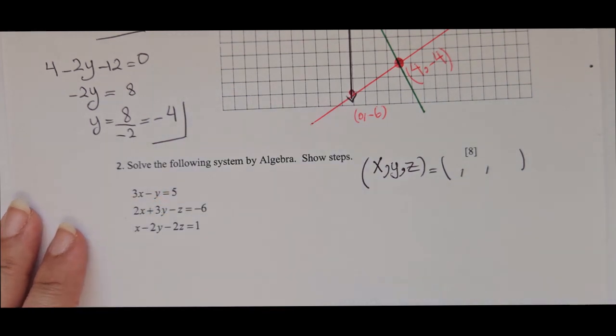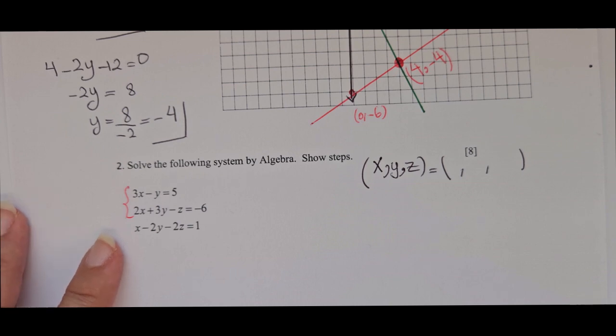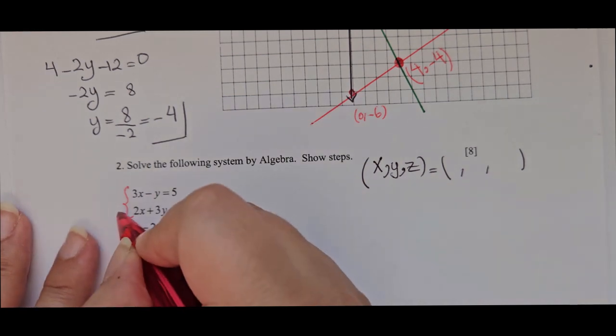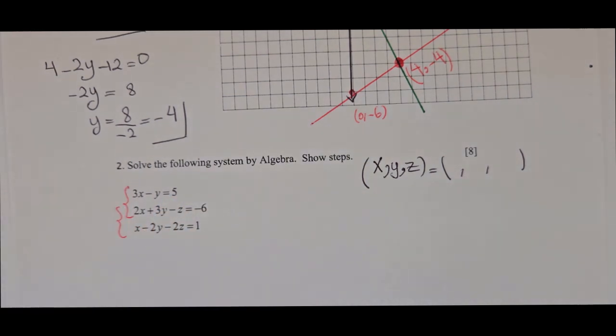Maybe the first combination I can consider is 1 and 2, and then the other one that I can consider would be this and this. Okay, this is one way of doing it. In this method, you have to make sure that you're consistent with eliminating a particular variable.